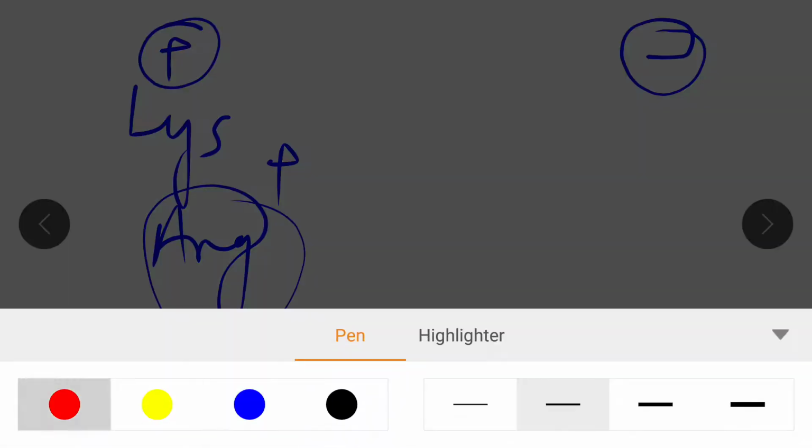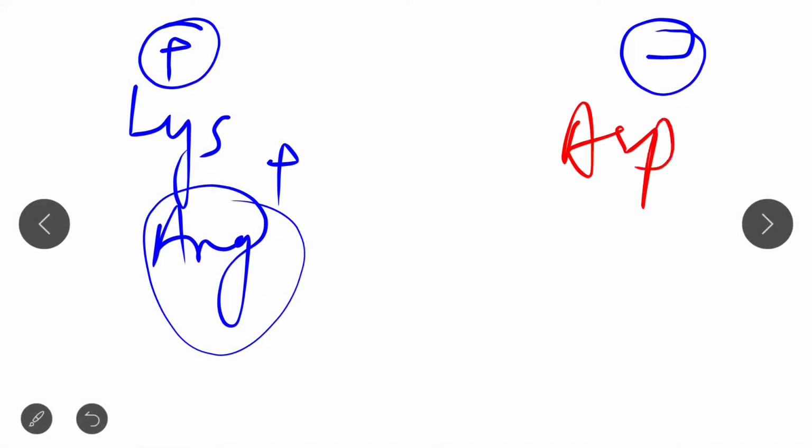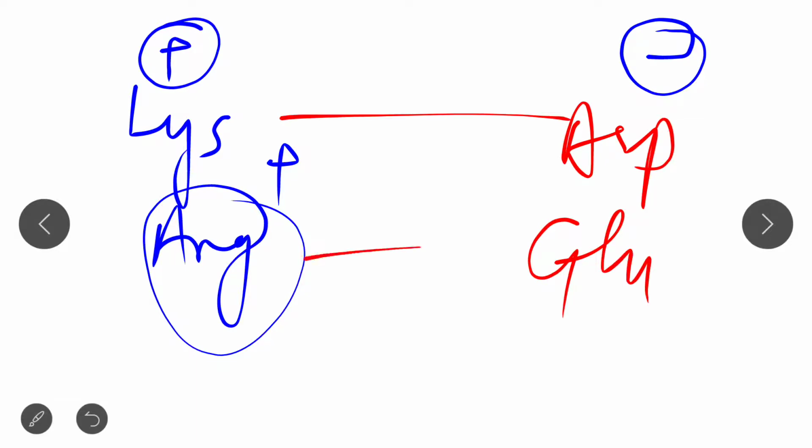Arginine is also a positively charged, basic amino acid. Negatively charged amino acids are, for example, aspartic acid and glutamic acid. So among these amino acids, this ionic or electrostatic interaction takes place. These are the important points regarding this interaction.